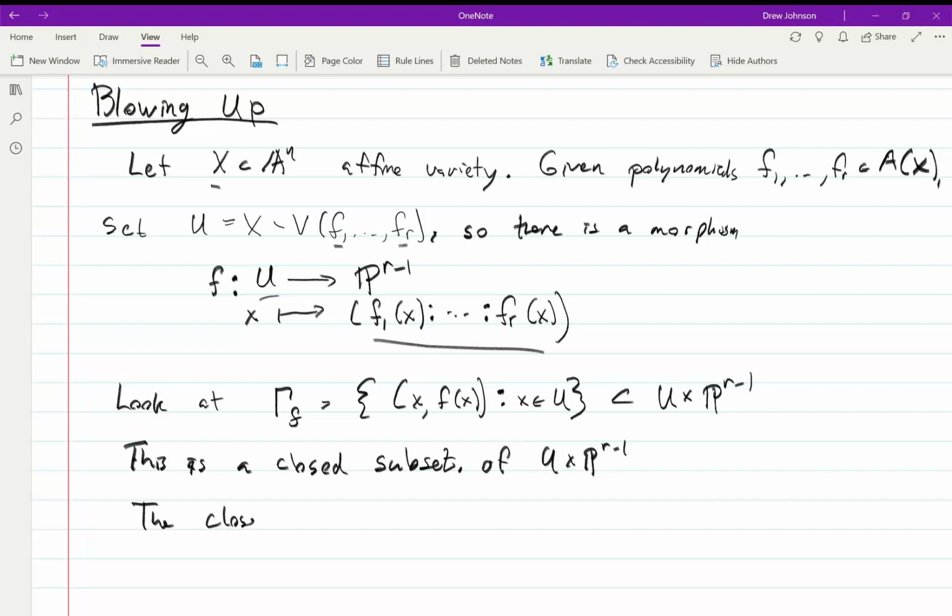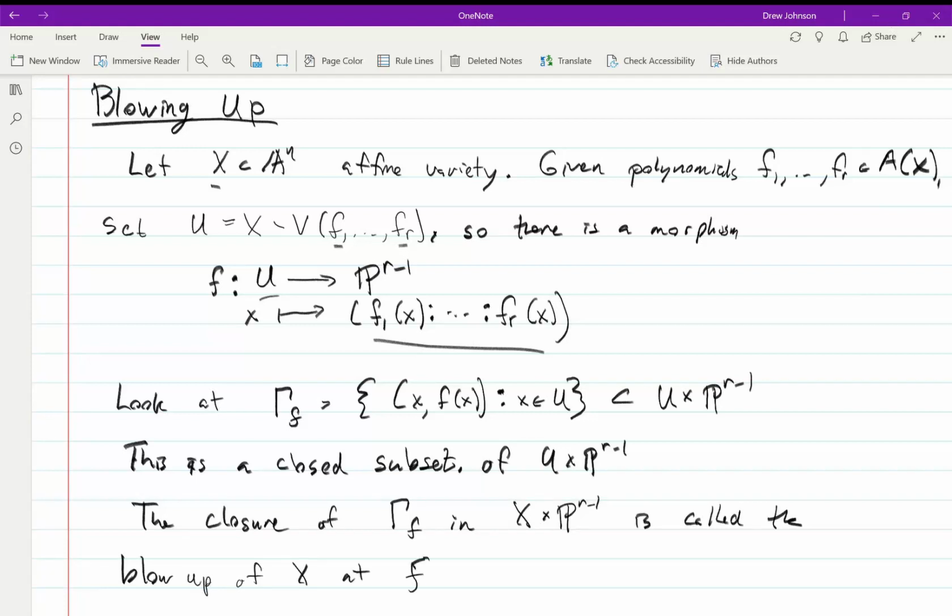The closure of the graph in X cross P^(r-1) is called the blow-up of X at f1 through fr.